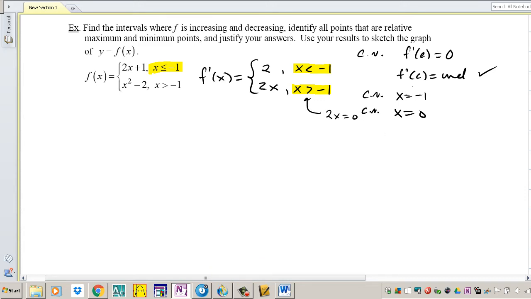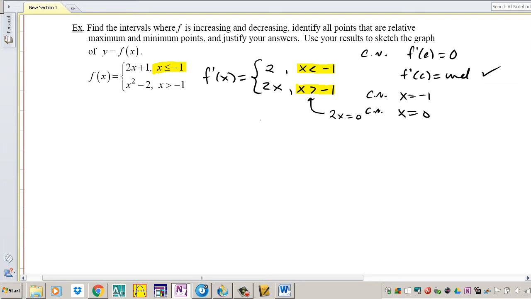Alright, so we have two critical numbers. Now let's go ahead and find increasing and decreasing intervals using the first derivative test. Let me draw that again. This is negative infinity to positive infinity, f prime, f, and I have negative 1, 0.